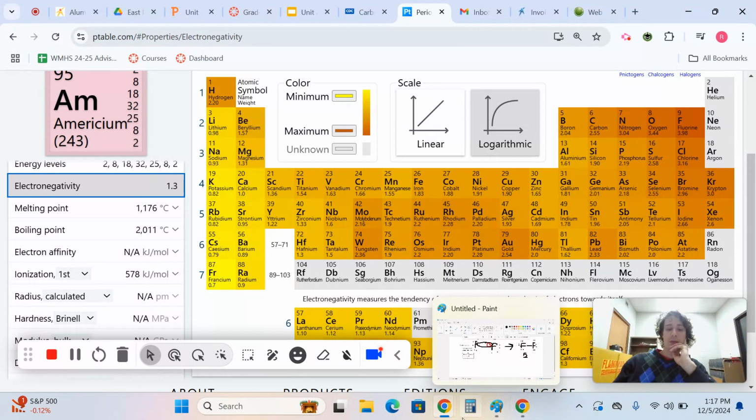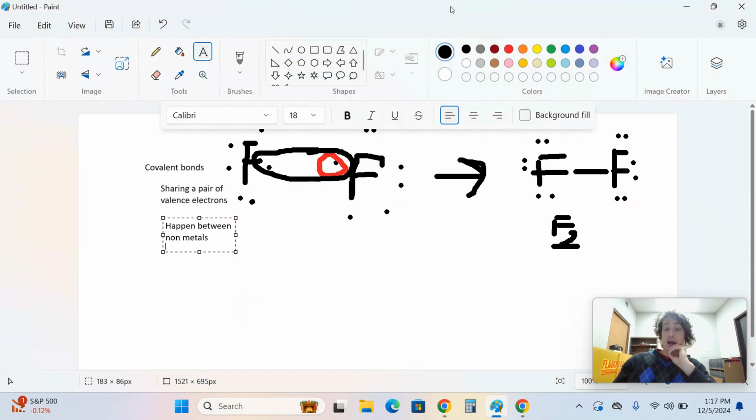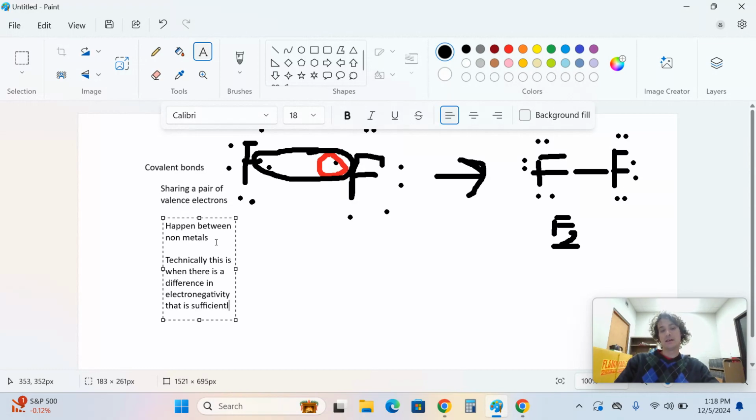So anyway, back to our bonds. We say covalent happens between nonmetals, and technically this is when there is a difference in electronegativity that is sufficiently large.